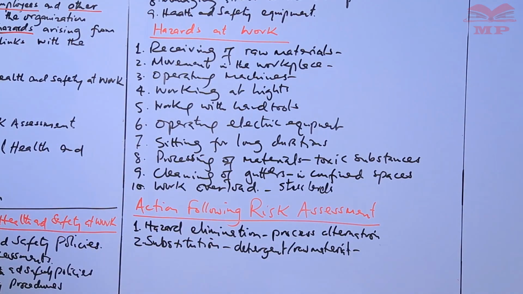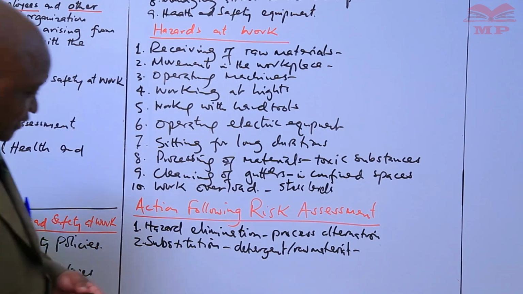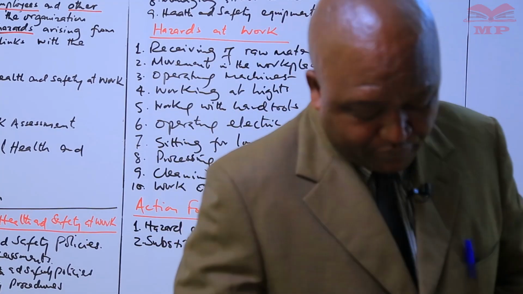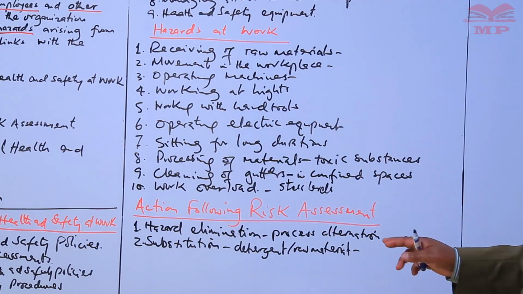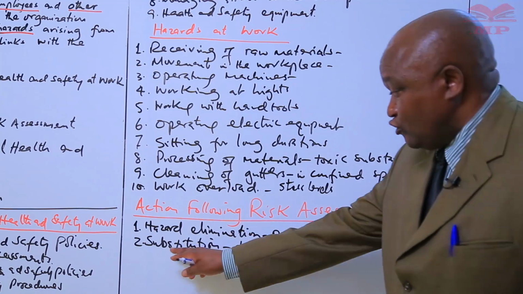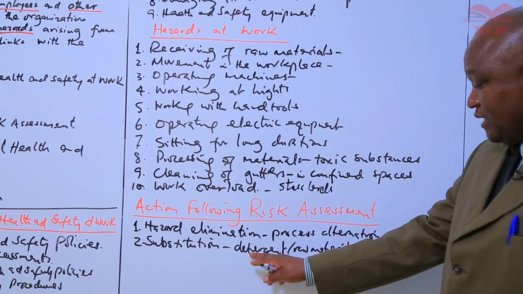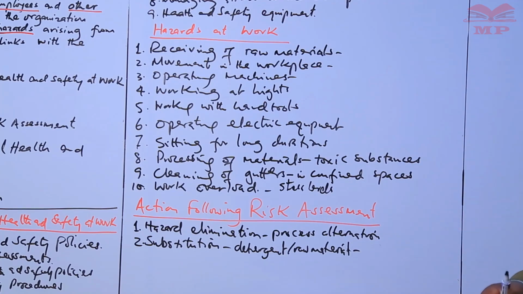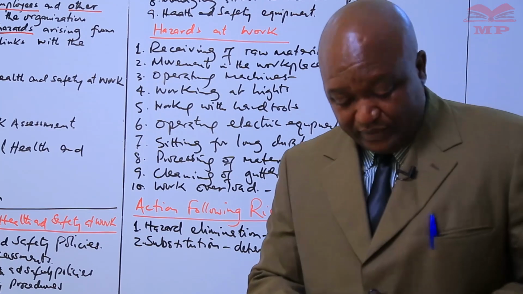Then you can substitute that particular detergent with another one, but still achieve what you are expected to achieve. So substitution of a detergent or a raw material that is hazardous can minimize that particular risk in that setting.